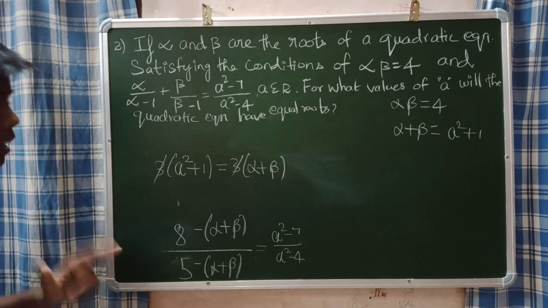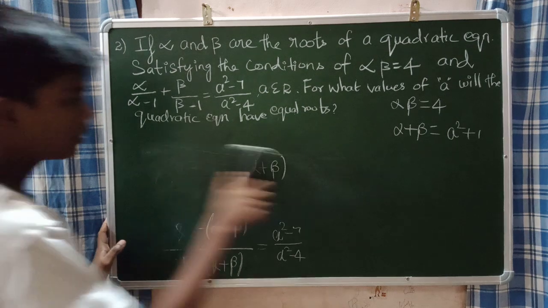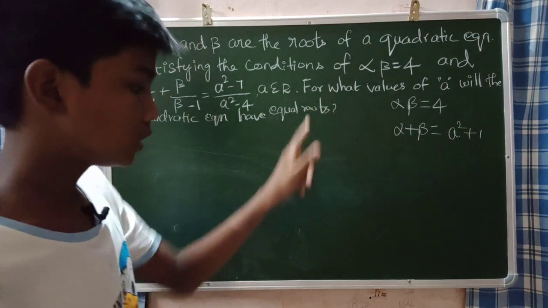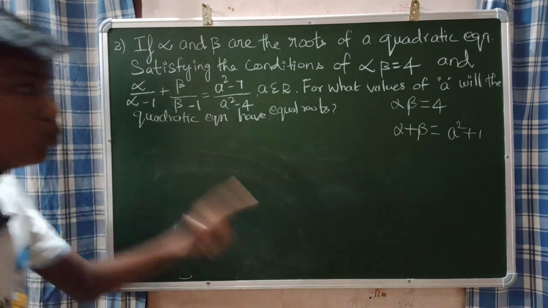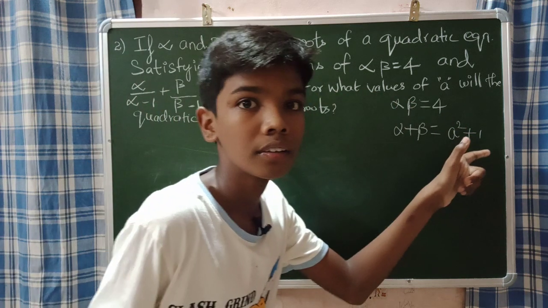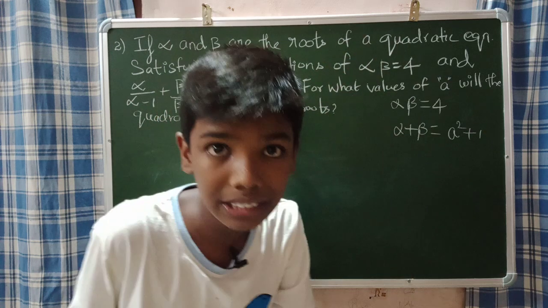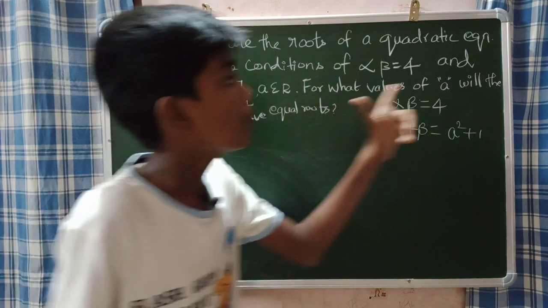Now we've got that the sum of the roots is equal to a square plus 1. I wrote at the top, the sum of the roots is a square plus 1, the product of the roots will be 4. So what will be the quadratic equation whose sum of the roots is a square plus 1 and product of the roots is 4? That means we need to find the quadratic equation in which alpha plus beta is equal to a square plus 1 and alpha beta is equal to 4.